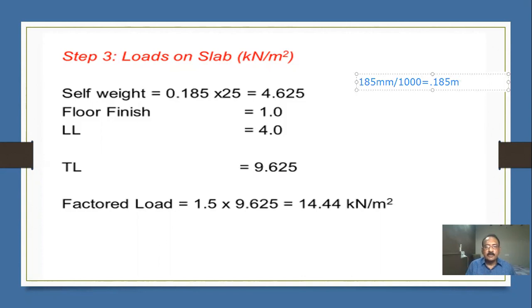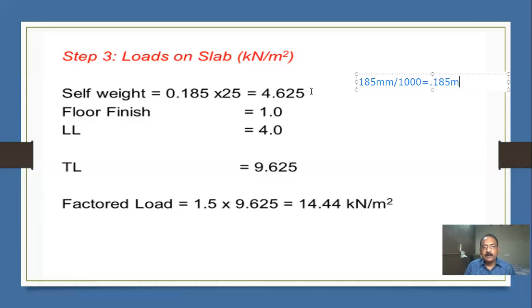So in this way, you calculate the self weight, 0.185 into 25. Suppose there is 200 mm, that is 200 by 1000, 0.2 into 25. You will get the self weight dead load of your slab as per IS 875, dead load part 1.